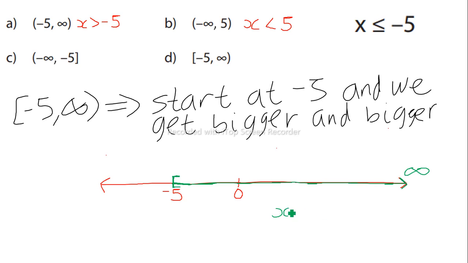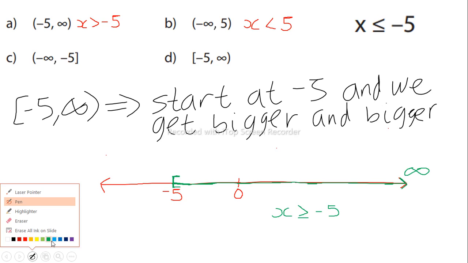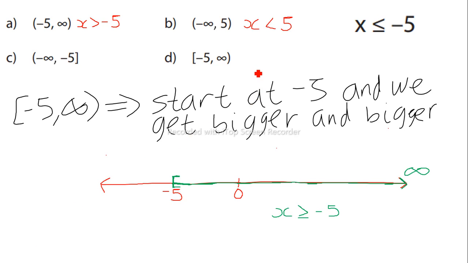That number is definitely going to be bigger than -5, but not merely bigger than -5. It could also be equal to -5. So the associated inequality is x is greater than or equal to -5.